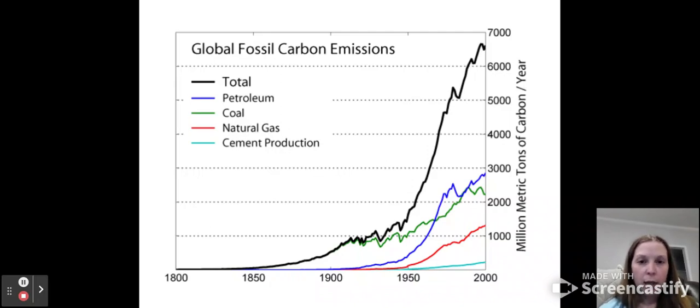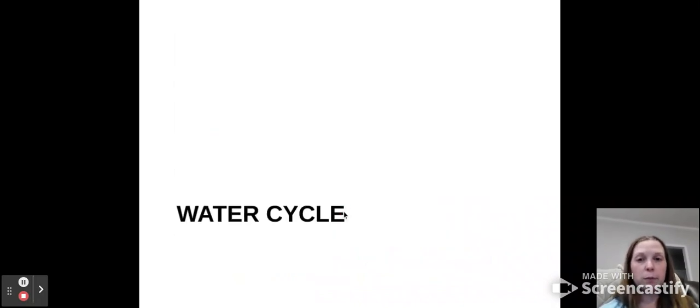Coal burning, natural gas that we've got, and then cement production. You can tell that coal burning has been high for a while, but that's because for a long time that was the only way used to heat houses and things like that. But altogether, the total black line that you can see is up between 6,000 and 7,000 million metric tons of carbon per year.